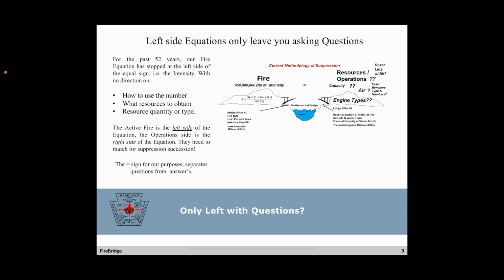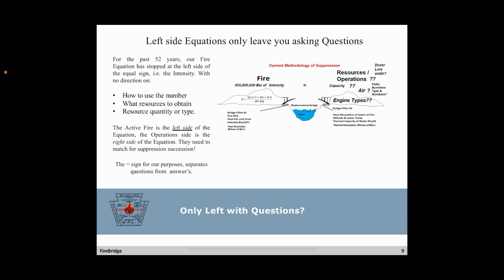You don't know. As you can see here, our bridge is broken. So because we're typically taught this, but not what to do with it over here, we can't construct the bridge. Hence, we mismatch resources all the time on every fire that we attend. So for the past 52 years, our fire equation has stopped at the left side of the equal sign, i.e.